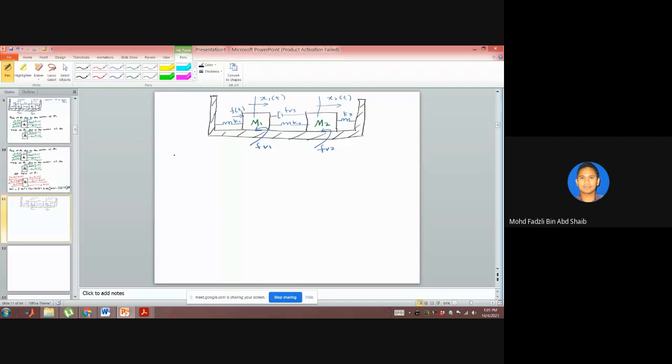Now, force of M2 due to the motion of M2.